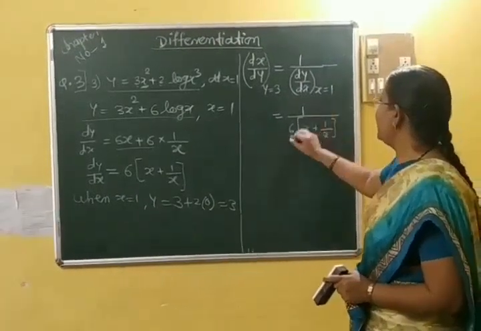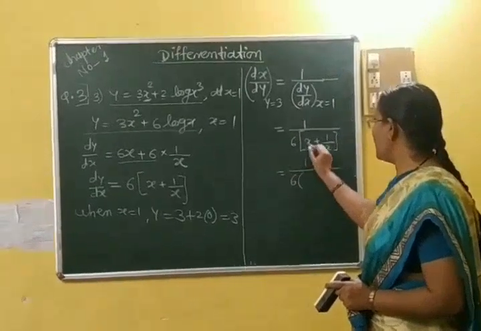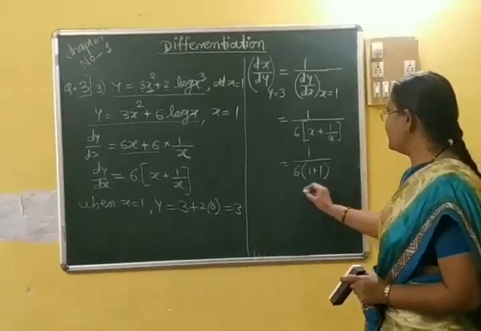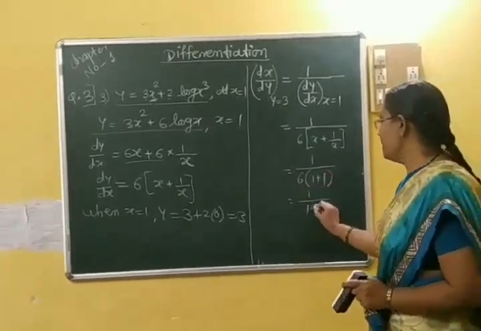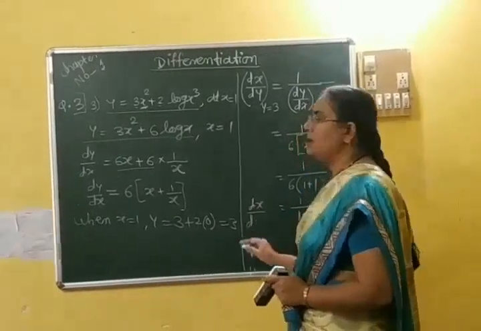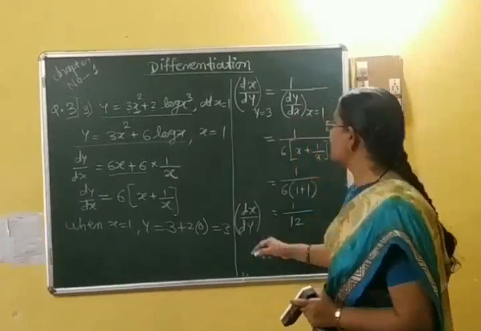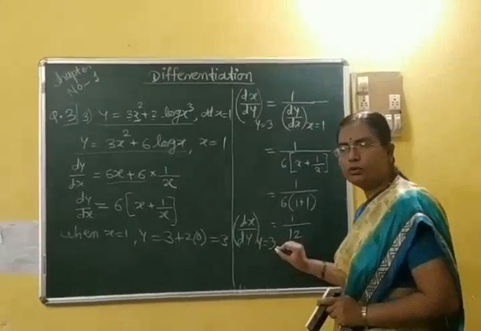Putting x equal to 1, that is 6 into 1 plus 1 upon 1, which is 1, so 1 plus 1 becomes 2, and 2 into 6 is 12. This is dx upon dy, the derivative of the inverse of the given function at y equal to 3.